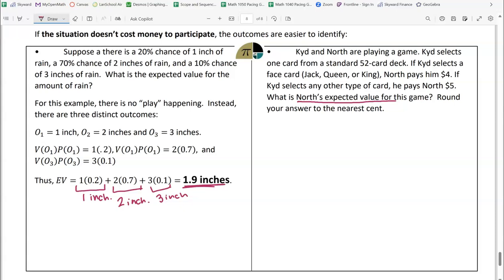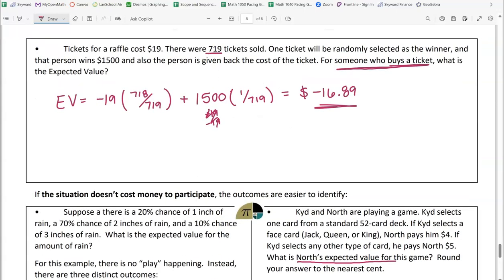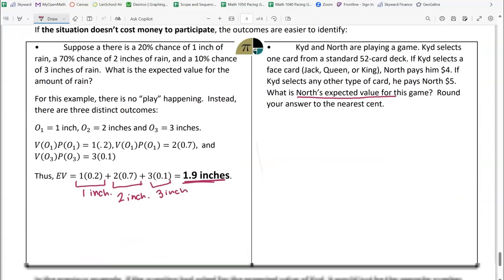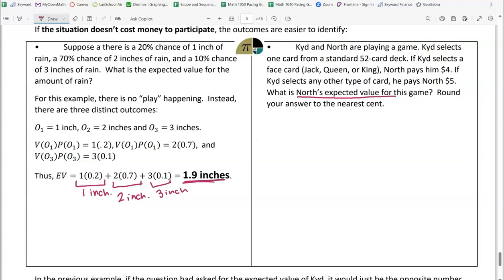And then the second thing, keep it as a fraction like we did up here for this one. Okay, Mr. Montgomery is going to pause the video and you guys can try this one.